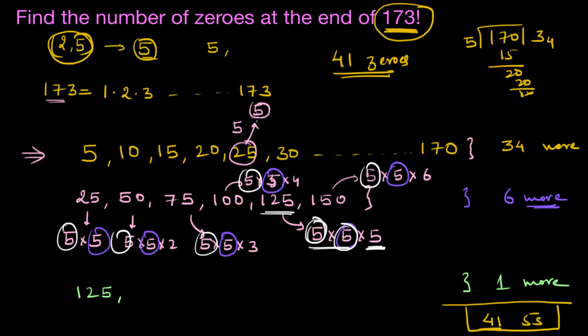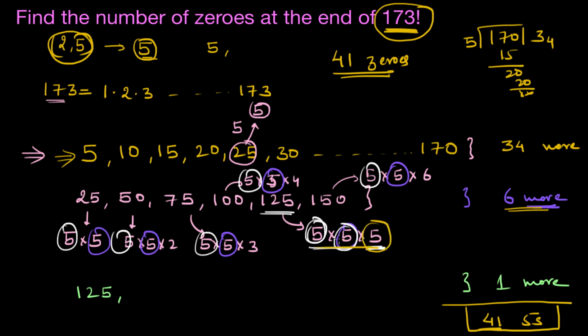I think now it will be pretty much clear how we count the number of 5s. Each multiple of 5 will give me at least 1 5. Each multiple of 25 will give me 2 5s, but since I have counted 1 5 already as a multiple of 5, I'll just count one more 5 in all the multiples of 25, which gave me 6 more 5s. And third is multiples of 125. They'll give me an extra 5.